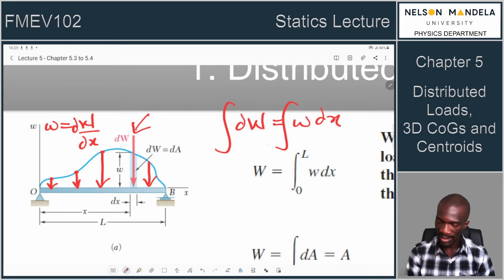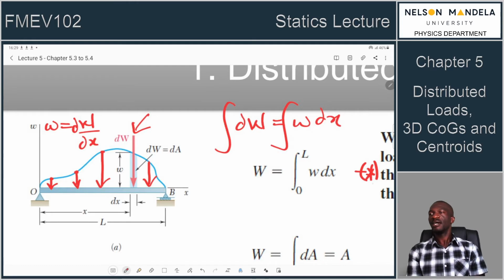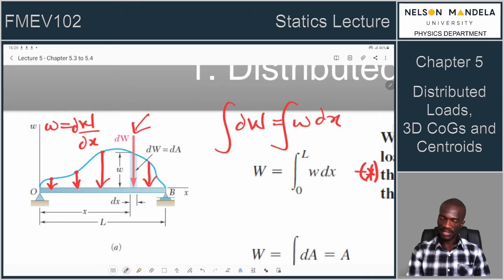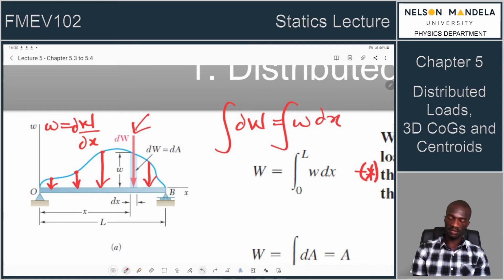This is why in this equation, I'm not sure what equation number it is, we now find the total weight that is on top of this beam as the integral of the weight per unit length multiplied by dx. I guess you can tell from that equation and from this equation that it makes sense. So that's our integral from 0 up to the length of the beam, from the starting point up to the end of the beam.